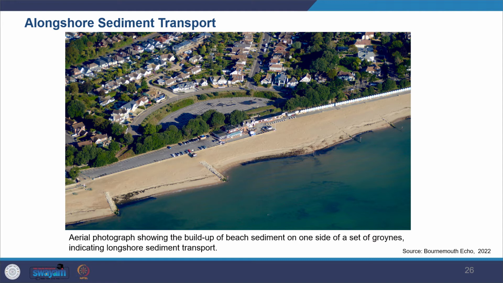We are going to see what spits means. By observation of the shoreline, you can also understand in which direction the transportation is happening. So that allows you to understand the real characteristics of this place.